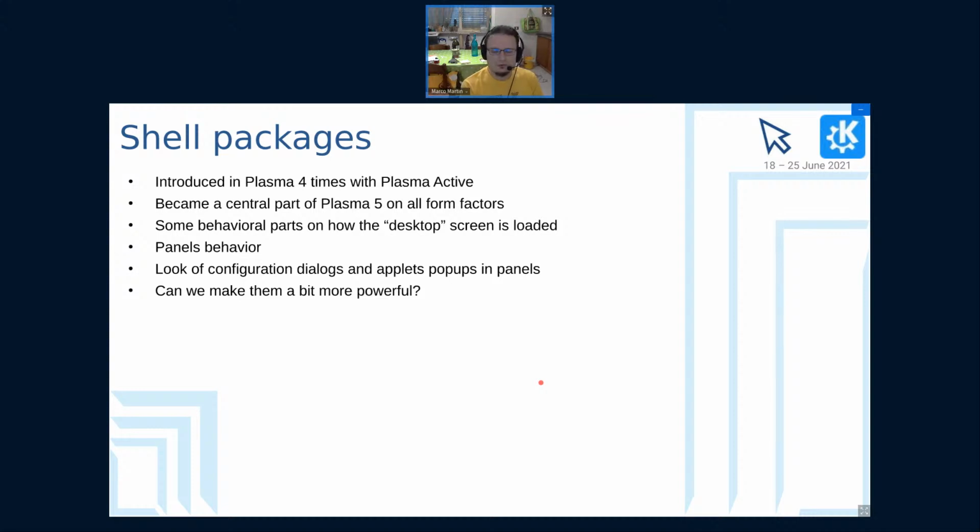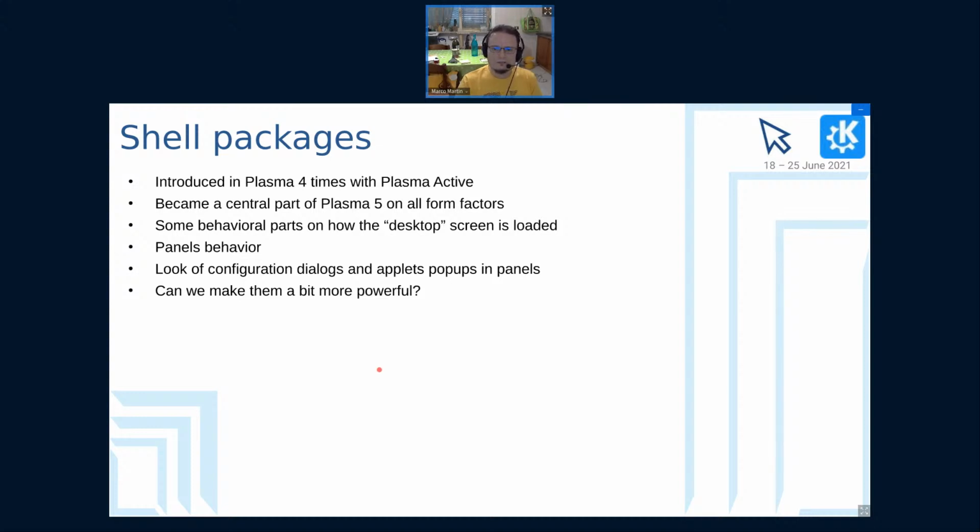They are used to customize a bit the behavior of the main windows, so mostly the panel window, the desktop window, and the configuration dialogues, and things like the widget explorer, the activity switcher, and whatnot.